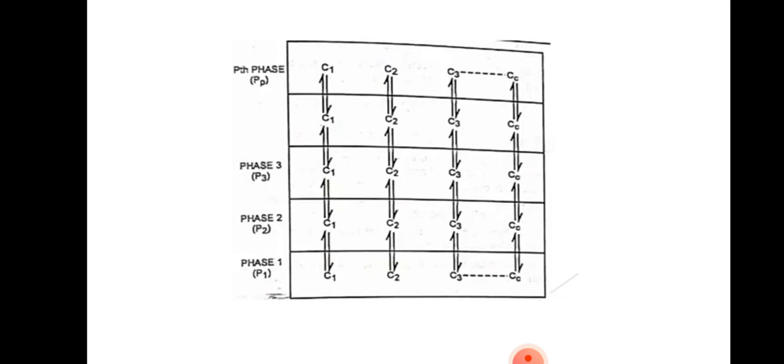Consider a heterogeneous system having P number of phases like P1, P2, P3 up to Pth phase and components of each phase like C1, C2, C3 up to CC.